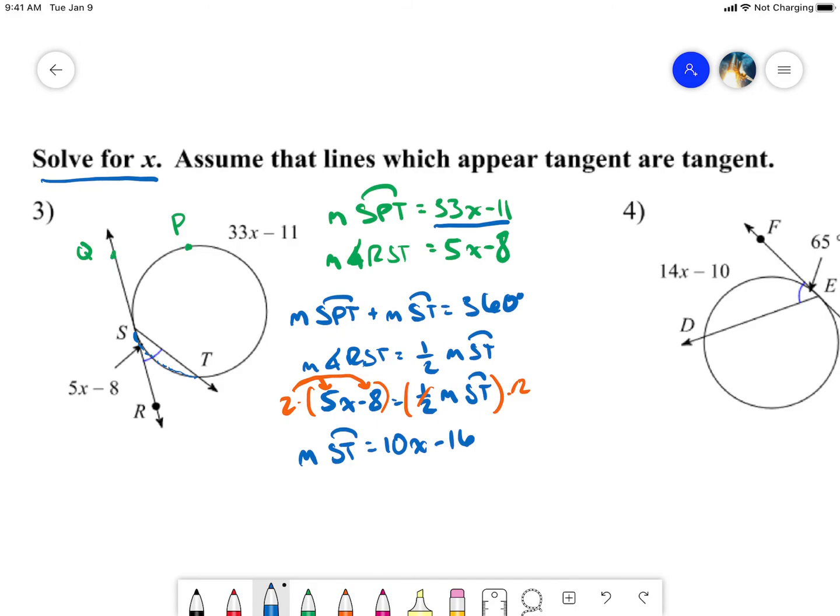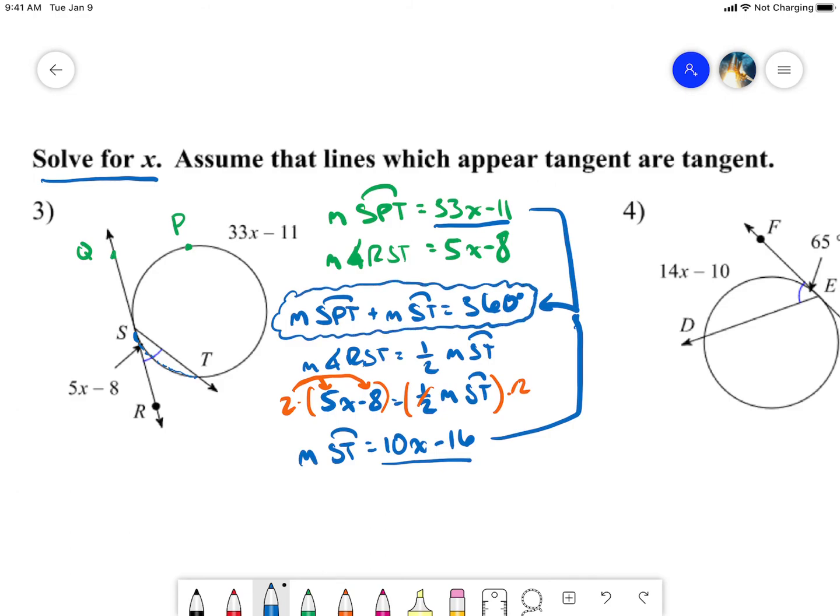Now, since I know the measure of arc SPT and I know the measure of arc ST, I'm going to plug them both into this equation. I know that SPT is 33x minus 11.